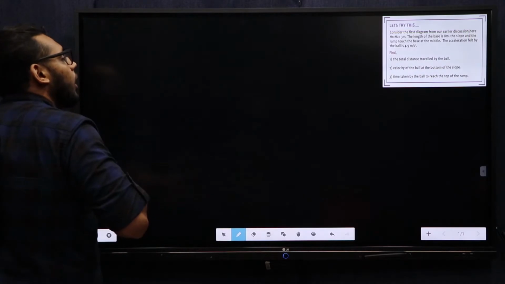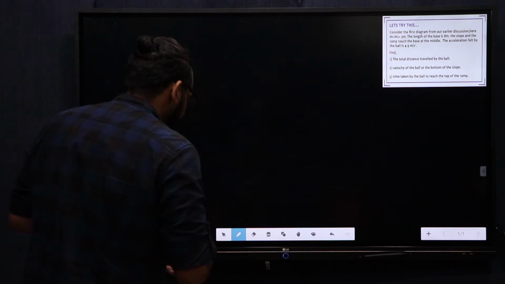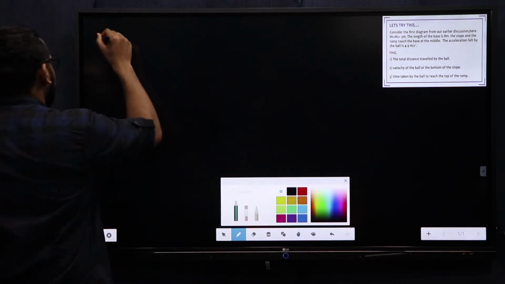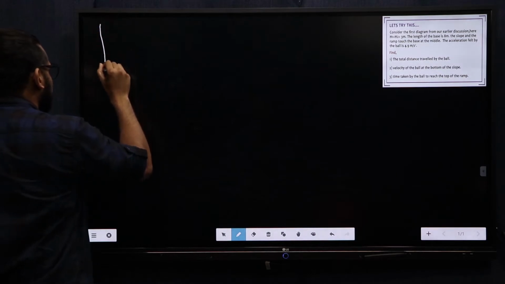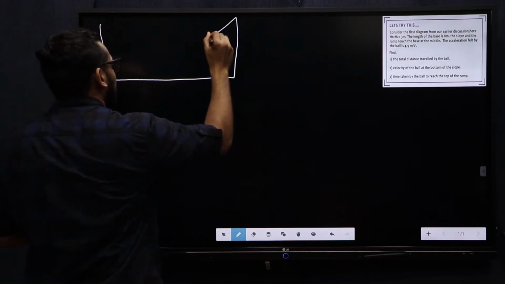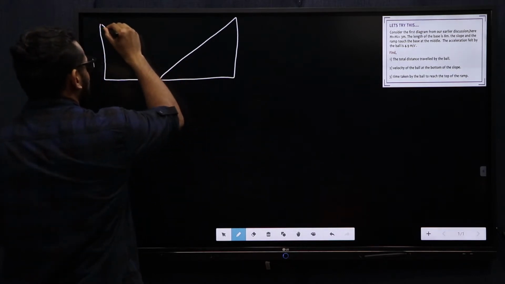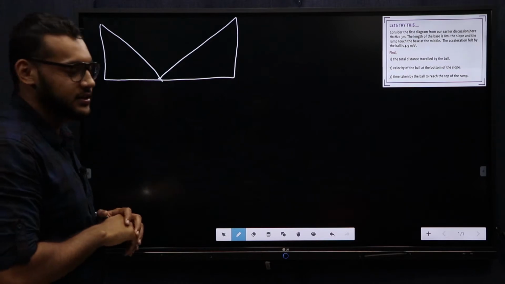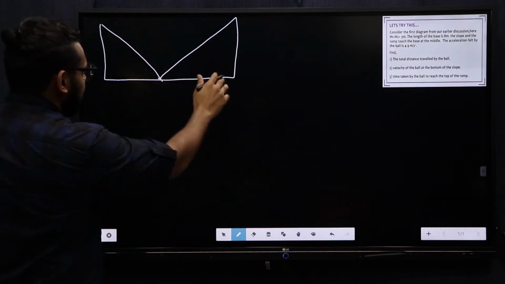So, for any problem related to physics, it's always good to draw a diagram. We shall do that here as well. So, this is the ramp and slope setup. So, we know that this base is 8 meters and it is cut exactly in half.